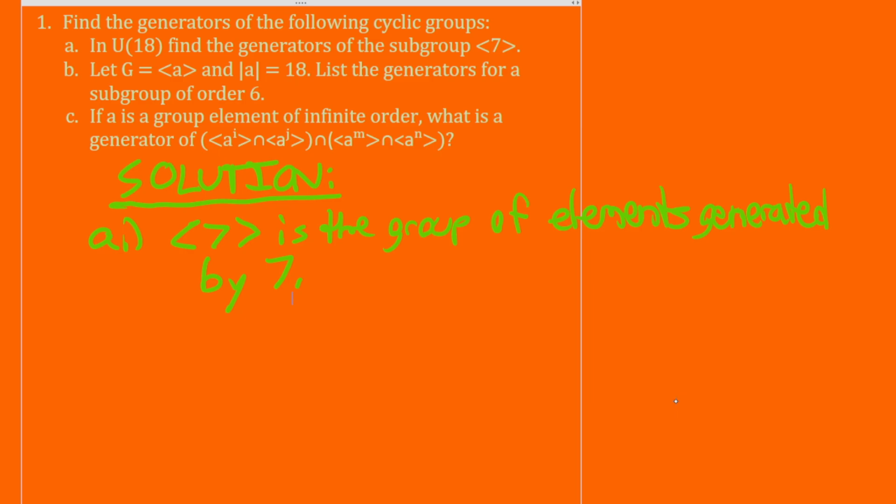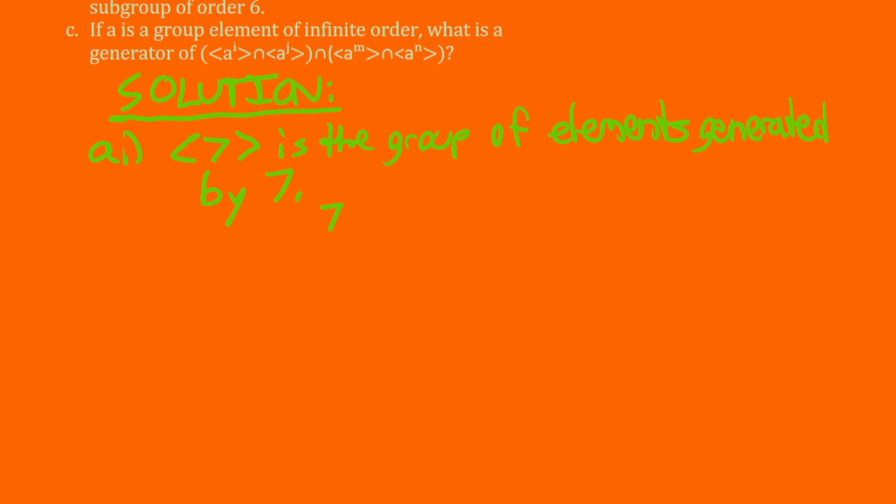So let's figure out what those elements are. 7 raised to the 1 is 7. 7 squared is 49, which is equivalent to 13 modulus 18. And 7 cubed is equivalent to 1 modulus 18. So this group of 7 is equivalent to the set of elements 1, 7, and 13.